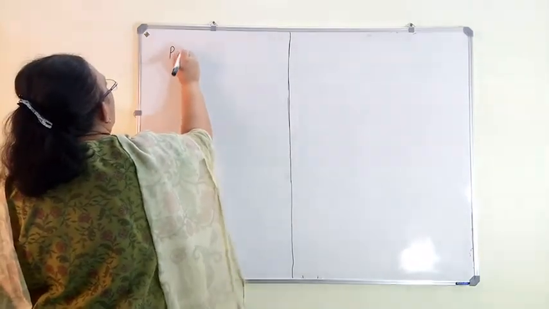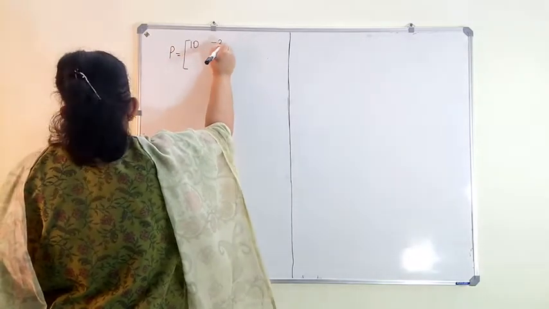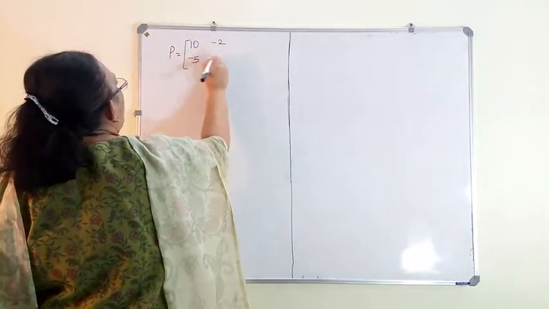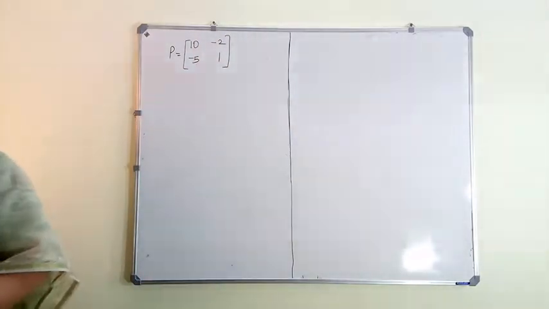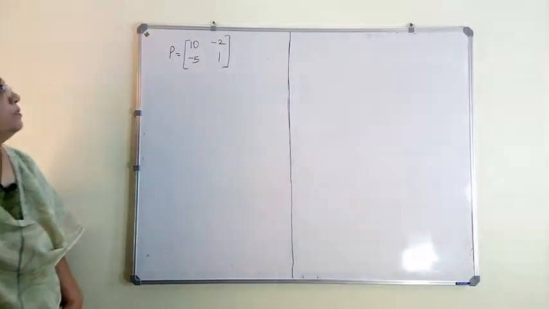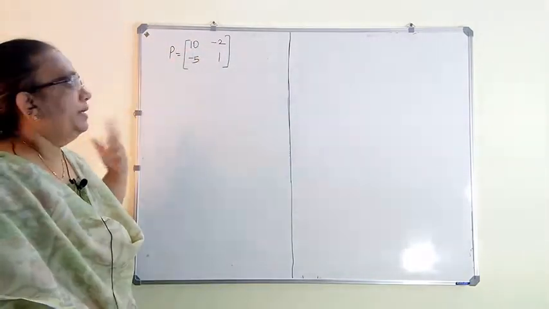P is equal to the matrix [10, -2; -5, 1]. So here it's not an identity matrix.